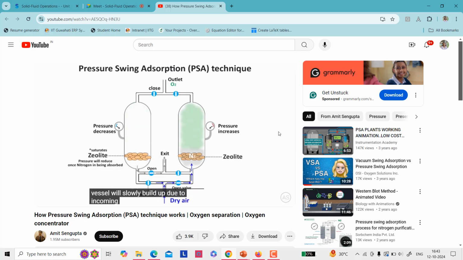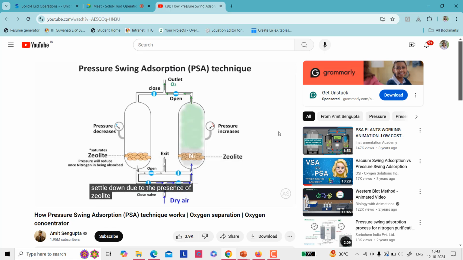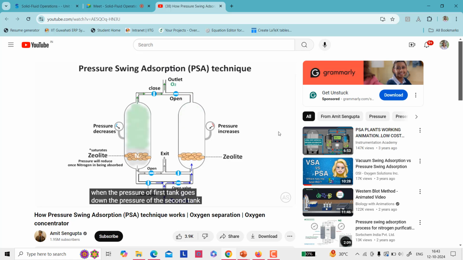Now, this entire cycle is controlled electronically in such a way that when the pressure of the first tank goes down, the pressure of the second tank goes up, and vice versa. This process guarantees a continuous flow of oxygen. You don't have to wait for one tank to become empty and then start the whole cycle again.